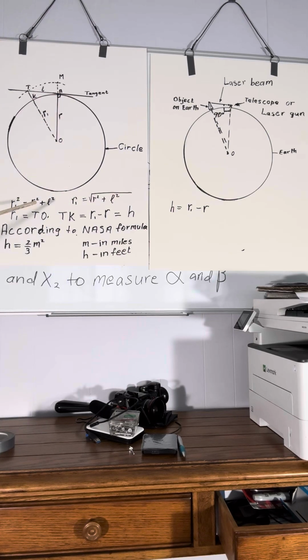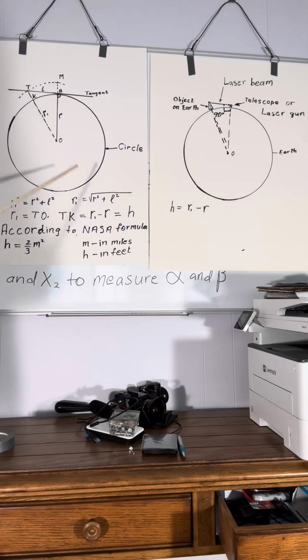And in trigonometry or algebra, we say that R1 squared, this is TO, is the sum of the two squares, R squared plus L squared, because this is 90 degrees.